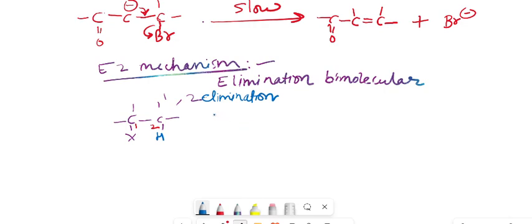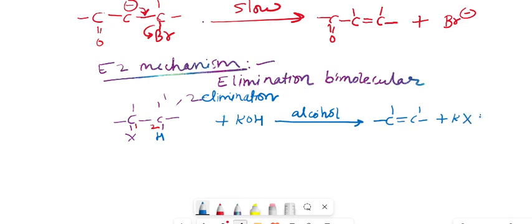And alkyl halide plus KOH in presence of alcohol gives C double bond C plus KX plus H2O.